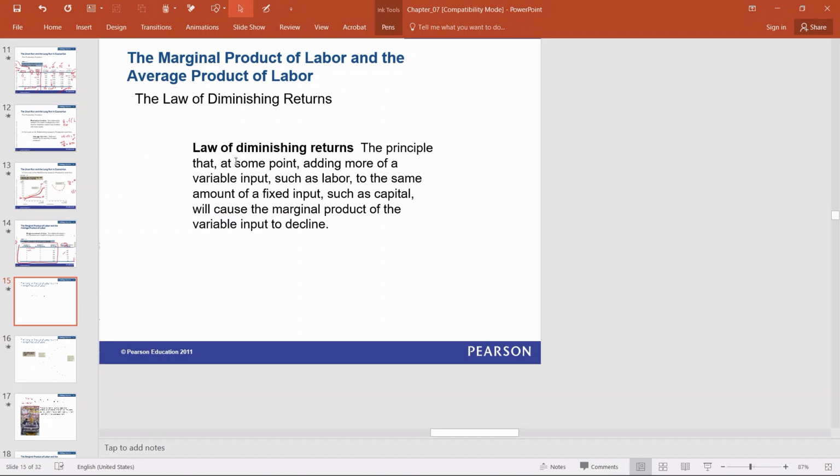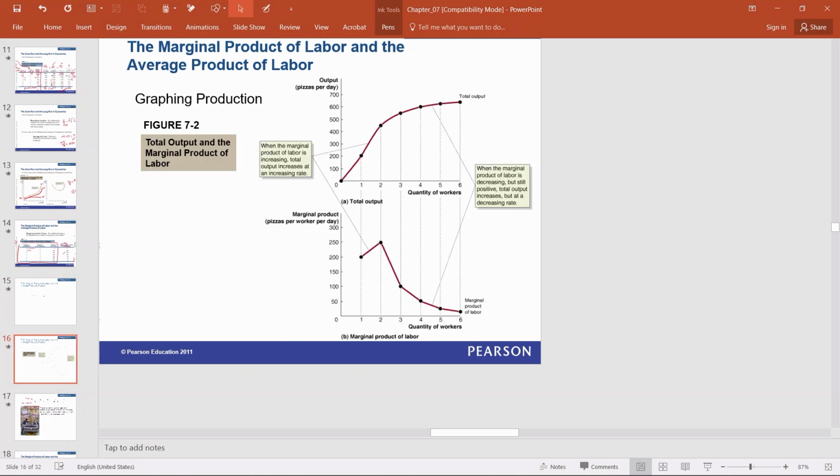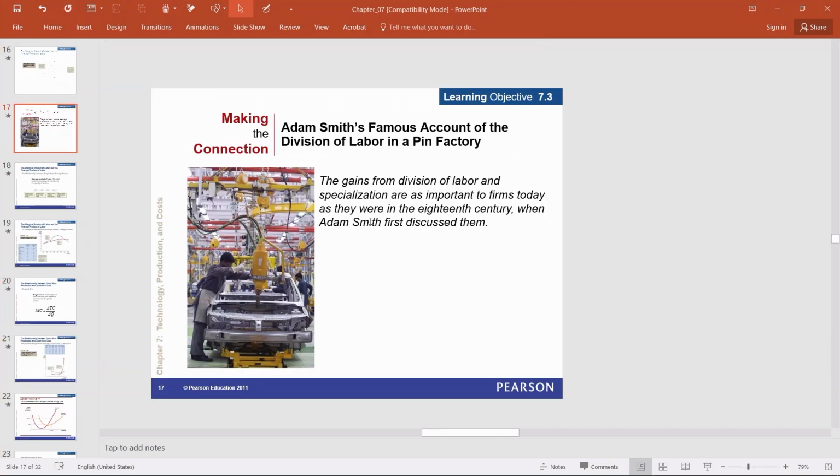What we just said is called the law of diminishing returns: when you add more of a variable input, which is labor, to a fixed input, which is the oven, or capital, this will cause the marginal product of the variable input to decline as we increase the level of output. We just explained this. Okay, we'll continue.